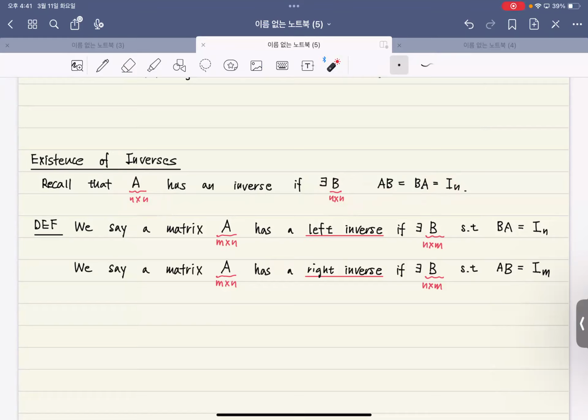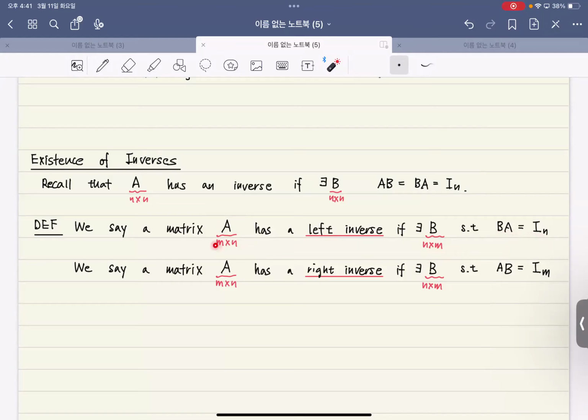The one-sided inverse is true for non-square matrices. So I have an m by n matrix A. This is a rectangular matrix, not necessarily a square matrix. And we say A has a left inverse if I have another n by m matrix B such that B times A equals the identity.